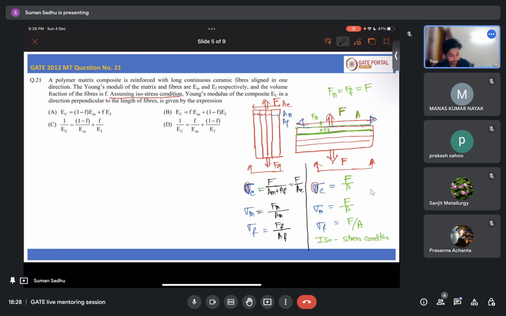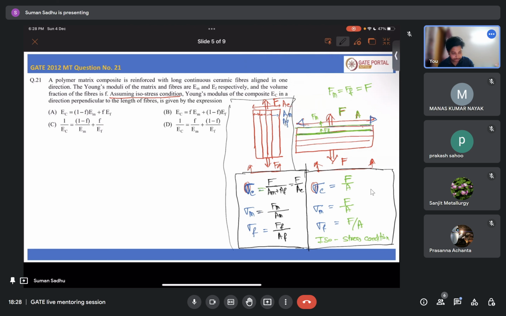Okay, so what is mentioned in the question, we have to consider the isostress condition, and then find out the relation between the elastic modulus for the composite and for the fiber, right? So for the time being just ignore the longitudinal direction thing.